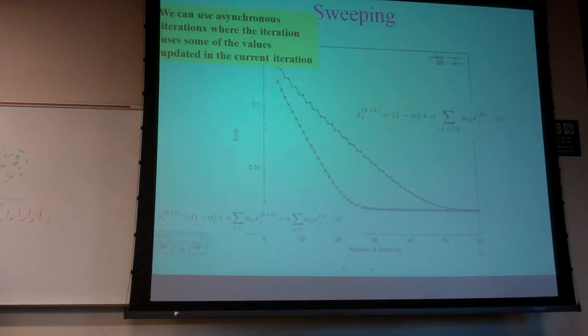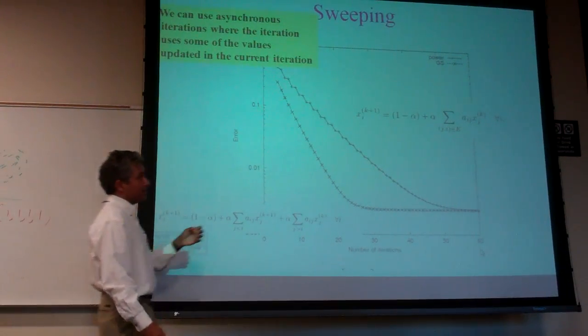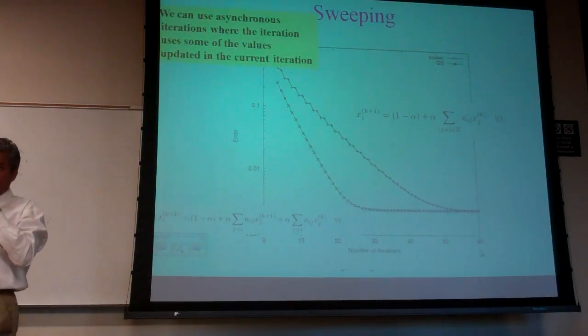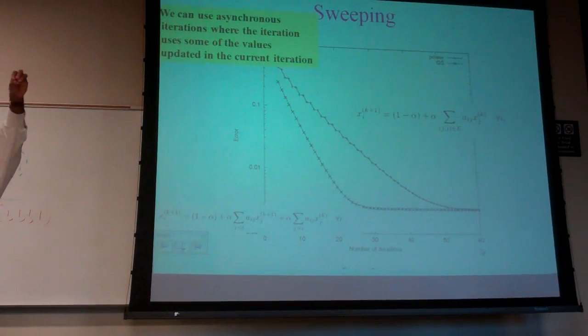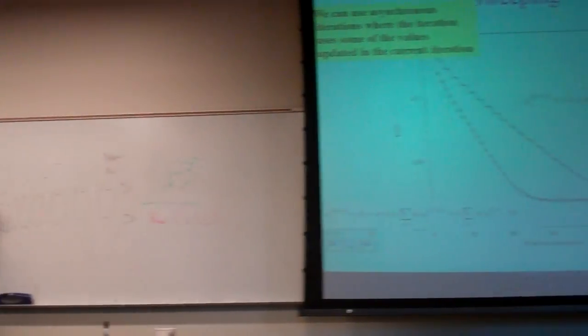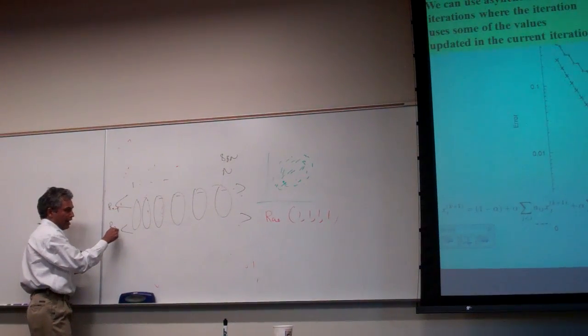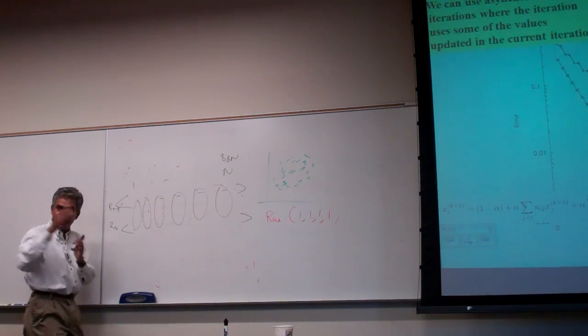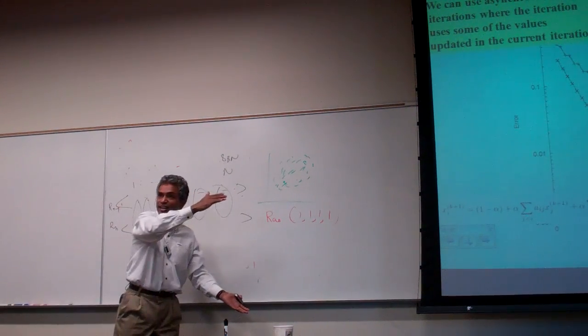One of the interesting things is that this way you can do the entire PageRank in place. In the normal way of thinking, PageRank is R(n-1), R(n), then R(n), R(n+1), then R(n+1), R(n+2). So you take the previous iteration and compute the next iteration.